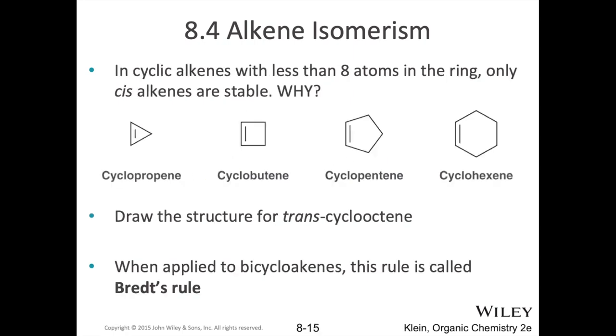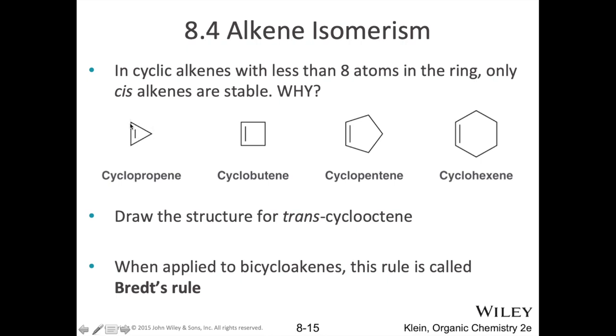In the case of cyclic alkenes, sometimes you're forced to have the cis alkene as opposed to trans, right? The reason for this is that due to the geometry of the shape, you're locked into that cis stereochemistry. So notice that, for example, in cyclopropene, these 2 carbon bonds have to be angled this way on the same side of that double bond.